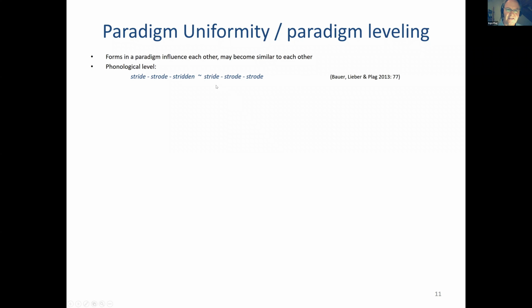So take a look at this historical paradigm leveling process where stride, strode, stridden, a three-stage paradigm, has become, for most people, stride, strode, strode. So you see that the paradigm has been leveled. The two forms here, strode, have replaced the two different forms, strode, stridden, from an earlier stage.